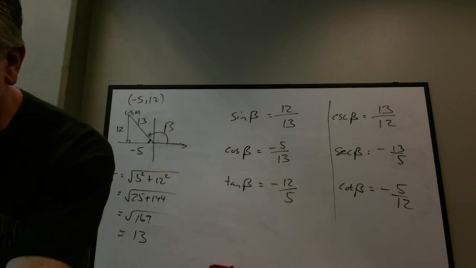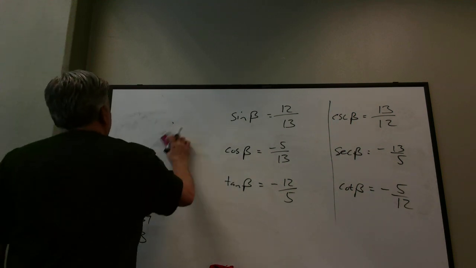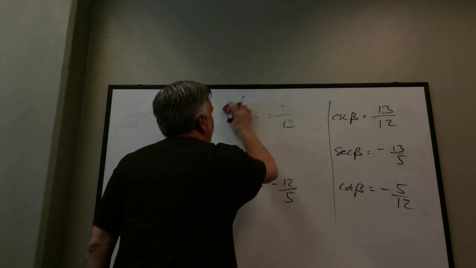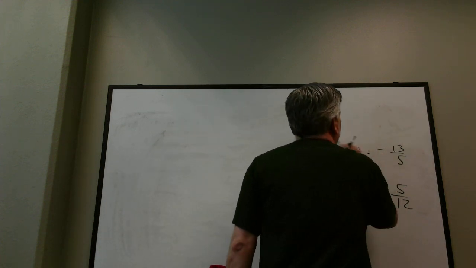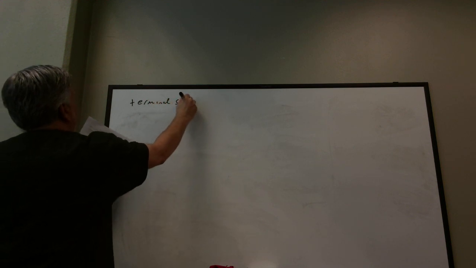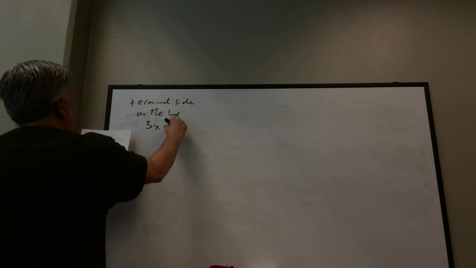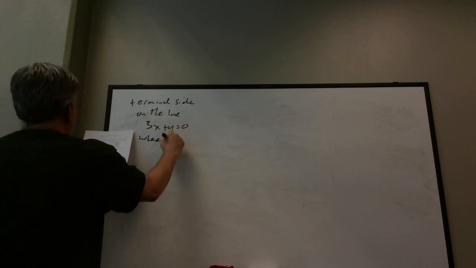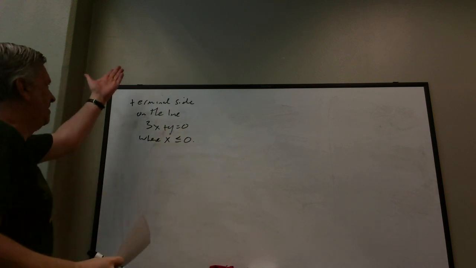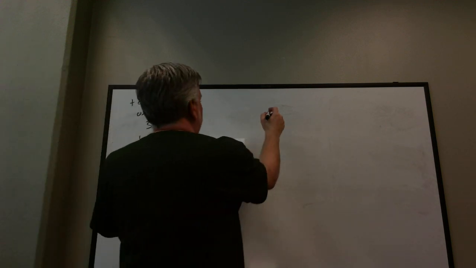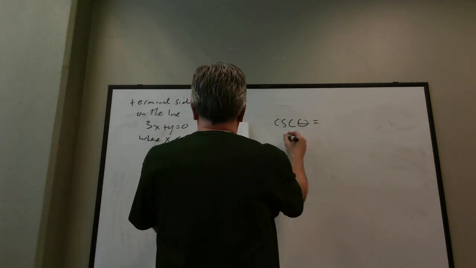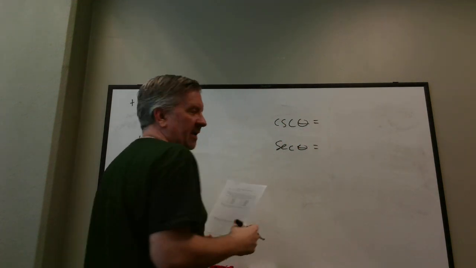Now the next type is they give you a different piece of information, and it says the terminal side of angle theta is on the line 3x plus y is 0, where x is less than or equal to 2. So they give you different information, and they only ask you to find two trig functions here, cosecant theta and secant theta. Okay, so they didn't ask for all six.